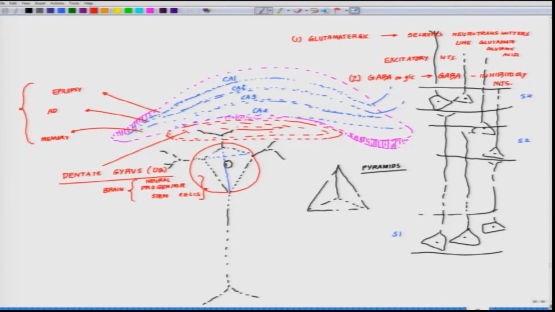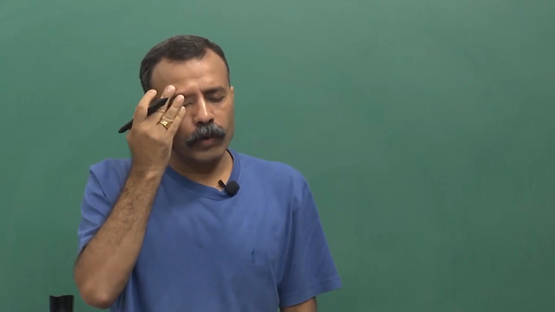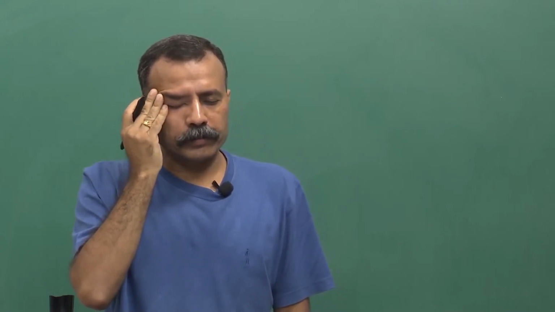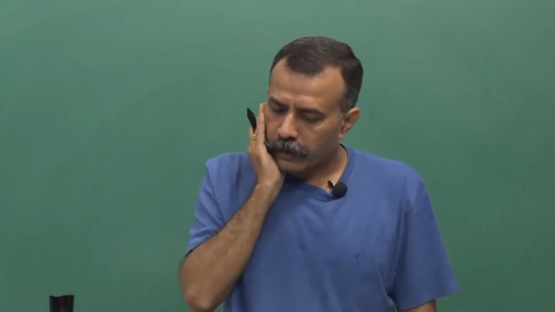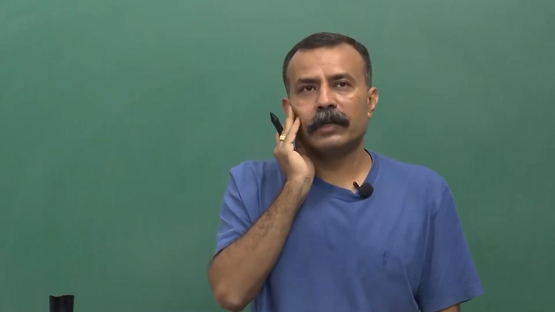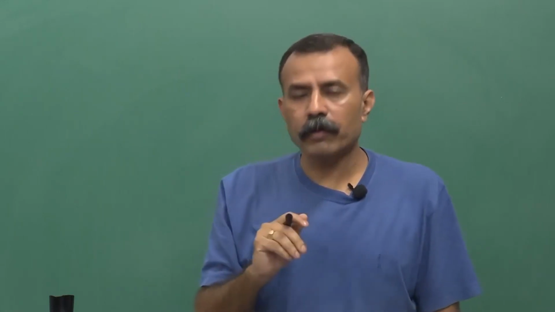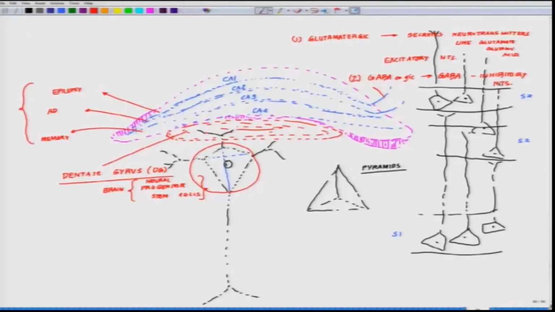Some say they are there, some say they are not there, but from my own personal research and studies, I can say with reasonable certainty there is a small population present here which is cholinergic. It means they secrete acetylcholine.